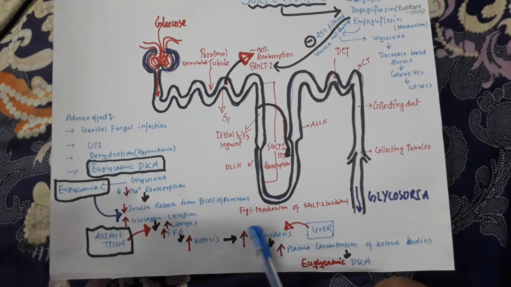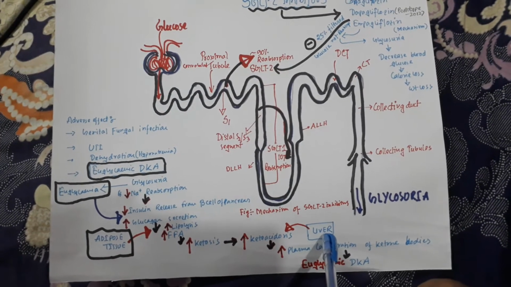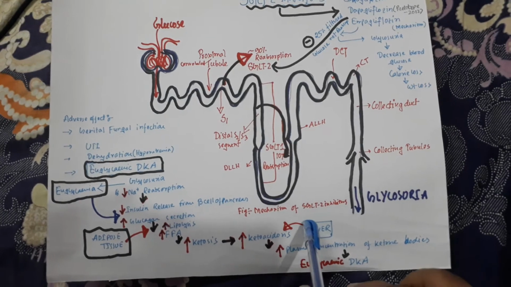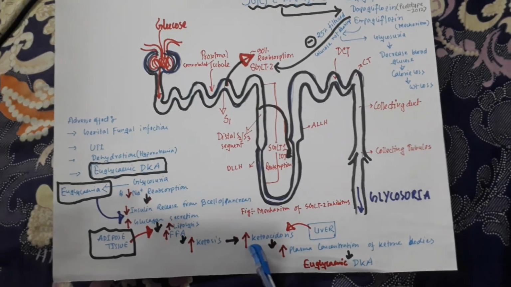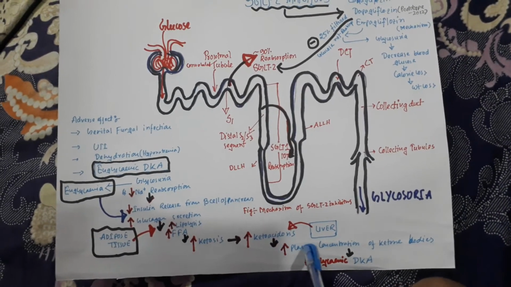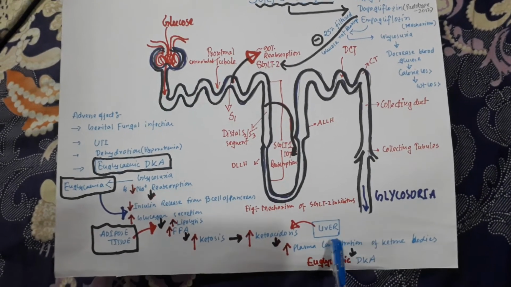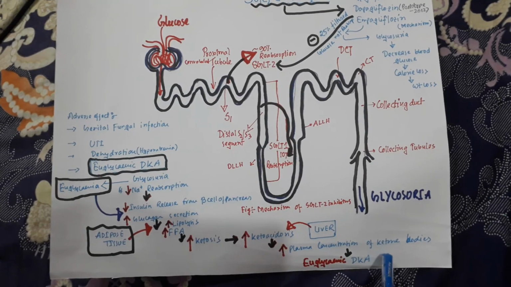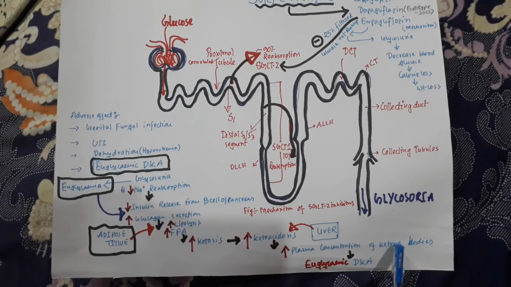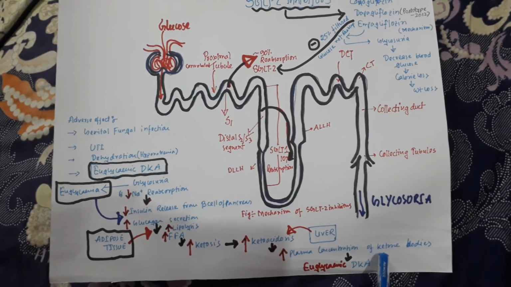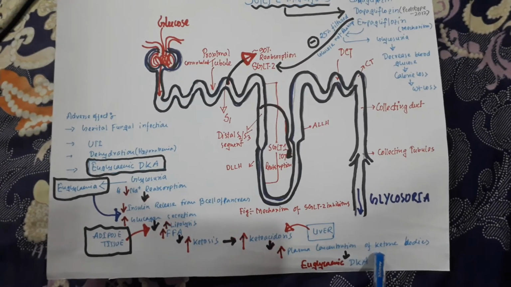That is ketoacidosis. The liver also produces excess ketones, which further increases the ketoacidosis and the plasma concentration of ketone bodies, and there is ketonuria.